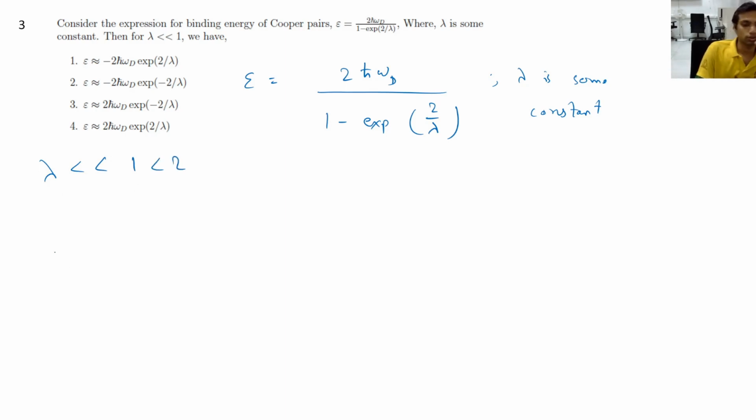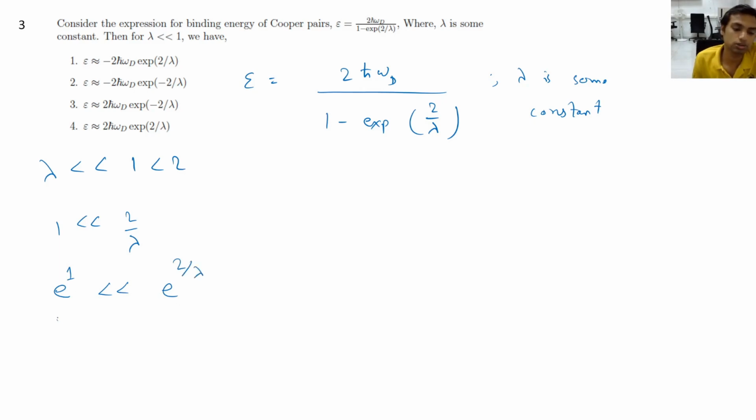What this means is that 1 is much smaller than 2 over lambda. That means e to the power 1 is much smaller than e to the power 2 by lambda.